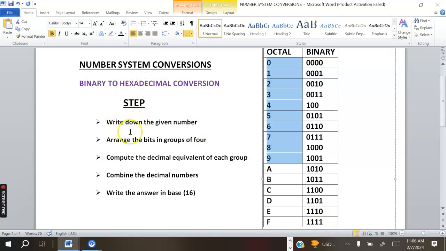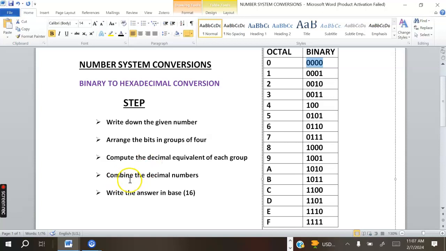These are the steps that you take whenever you want to convert binary to a hexadecimal number. It's a very simple step. As long as you follow it, you will get your answer correct. Number 1, you write down the number, then you arrange the bits in groups of 4. Just as you can see, the binaries are in groups of 4. Then step number 3, you compute the decimal equivalent of each group.